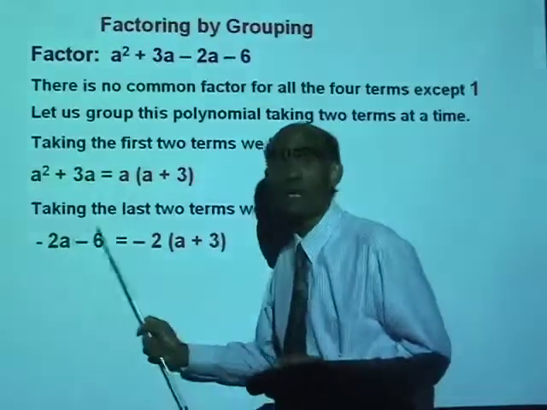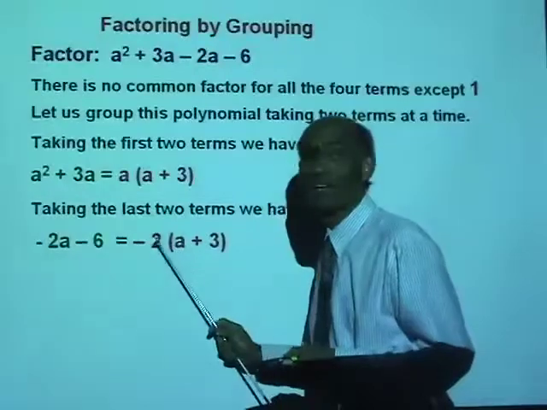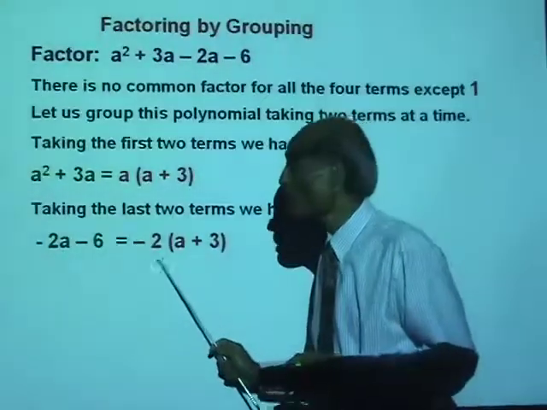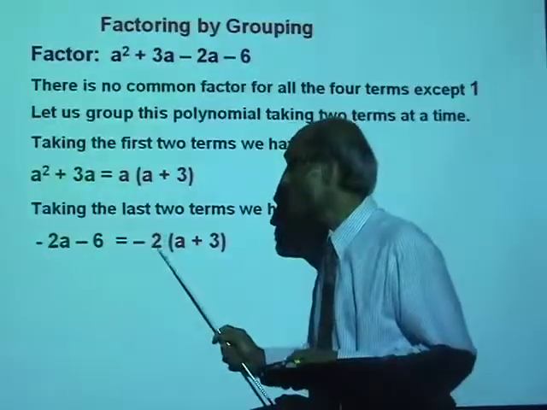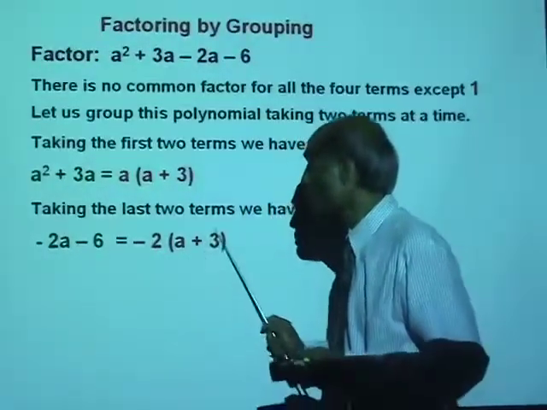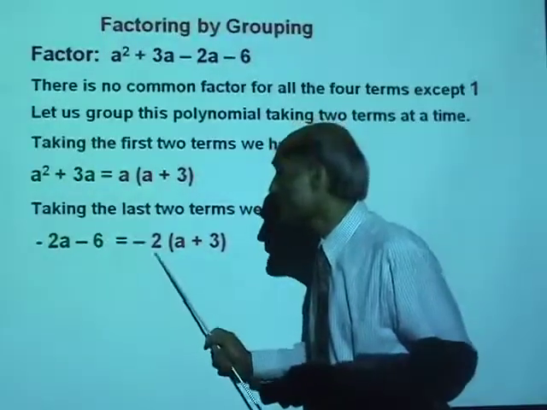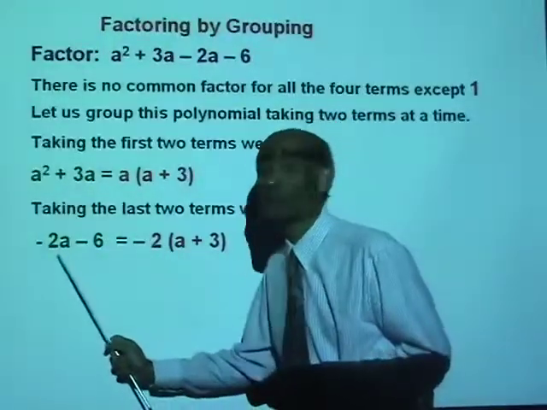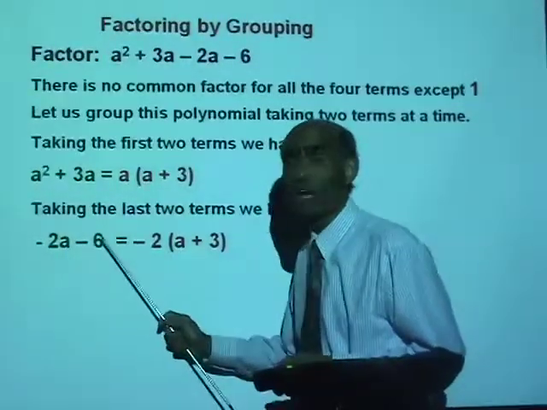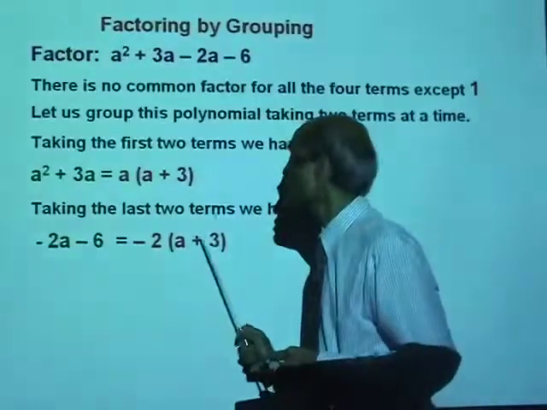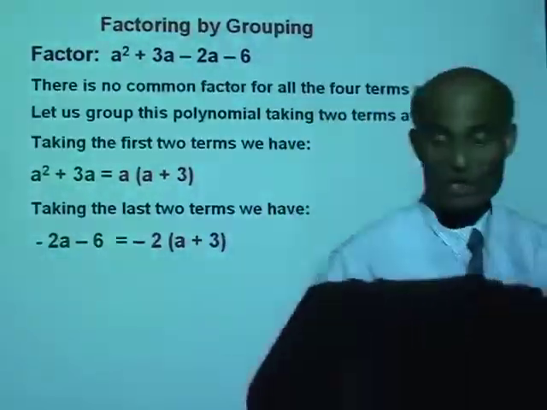Negative 2a is negative 2 times positive a, and negative 2 times positive 3 is negative 6. So when negative 2 is factored out, what is left in the first term is positive a, and what is left in the second term is positive 3. I hope you understand that concept.